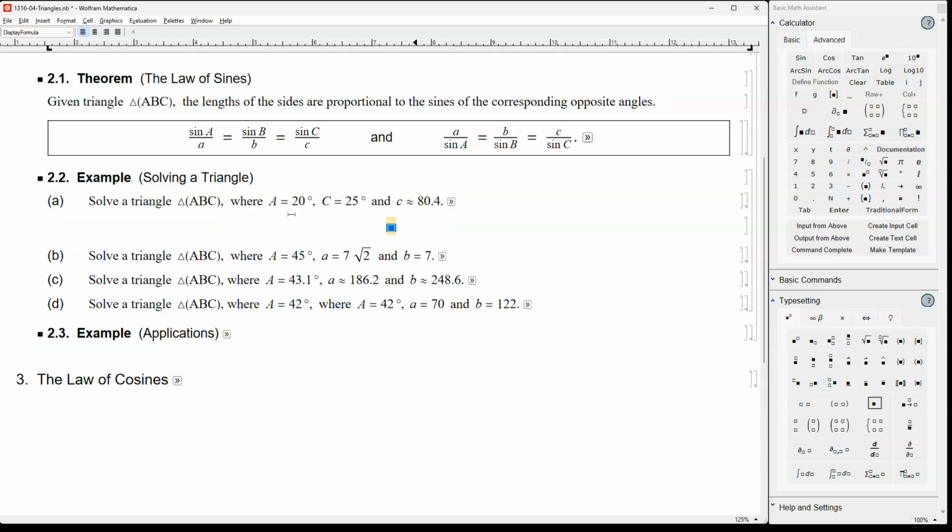It's kind of like this. A is 20 degrees. B is, well, unknown at the moment. C is 25 degrees. A is unknown. B is unknown.